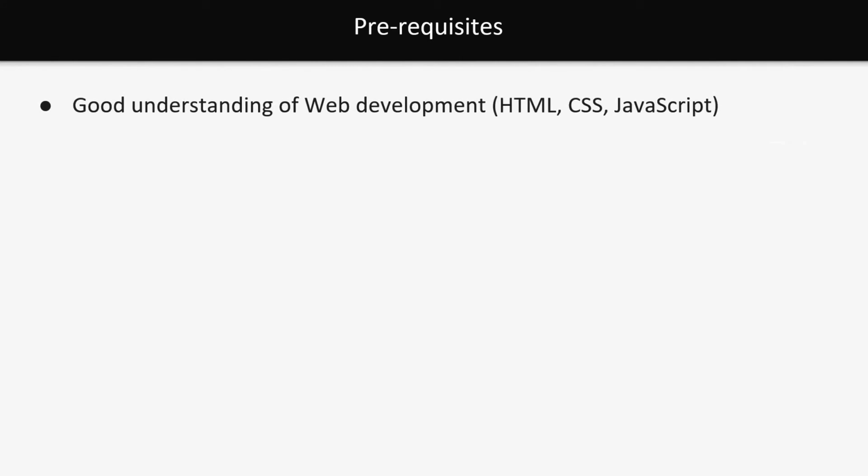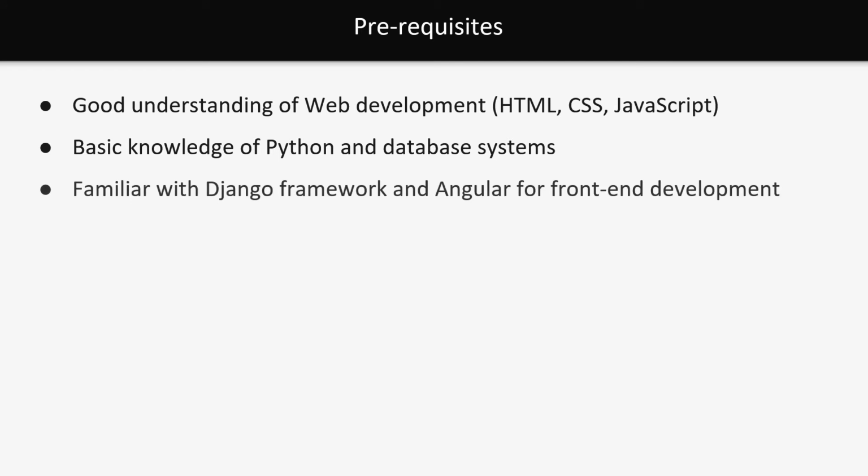All right, so you want to make sure you have the following skills. Make sure you have a pretty good understanding of web development. Some basic knowledge of Python and database systems is really helpful, but you also want to make sure you are familiar with the Django framework. I'm not going to go into great detail about Django, but you should have some idea what that is, and also Angular for the front-end development.